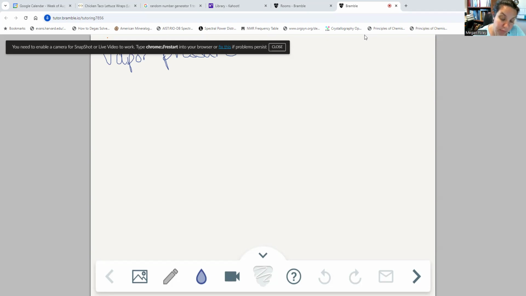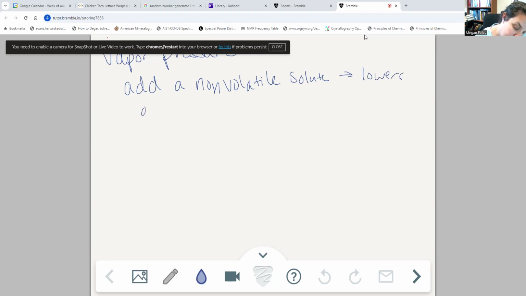In Module 4, we're going to look at how we can affect vapor pressure by adding a solute to a solvent. So specifically, if we add a non-volatile solute, this will lower vapor pressure. And this is for a couple of reasons.